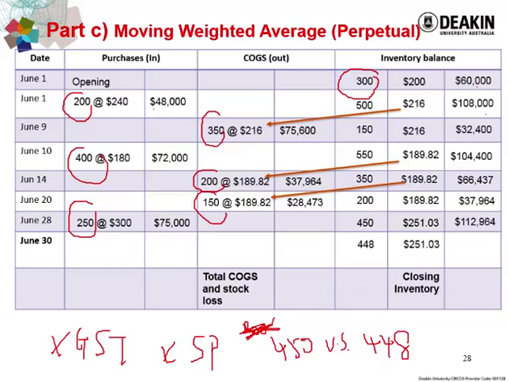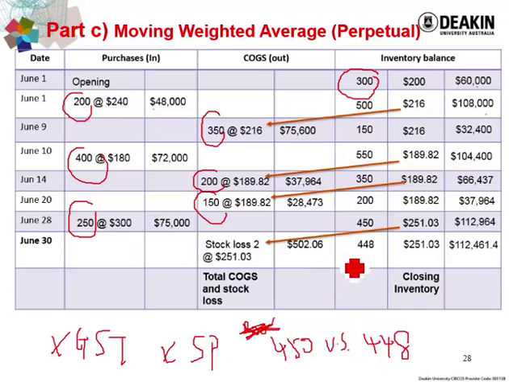So to account for the loss of the 2 units, in the out column, we use 2 units multiplied by the most recent unit cost, 251.03. So that gives us the stock loss total of 502.06.